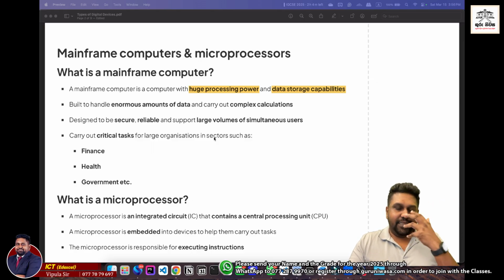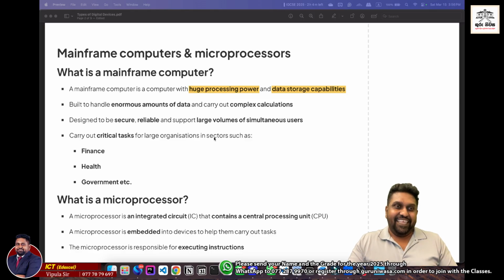There's a maximum number of people who can join it, right? Because the processor on your computer has a certain set of limitations, you are not able to process a lot. But mainframe computers are created specifically for that type of load, so that they can handle a huge number of simultaneous users.